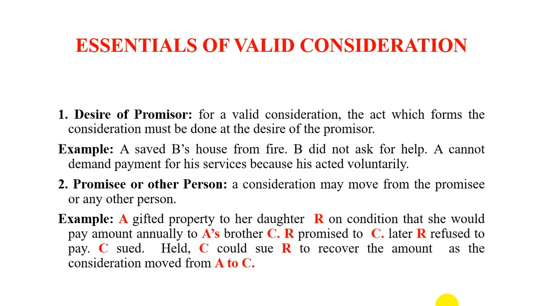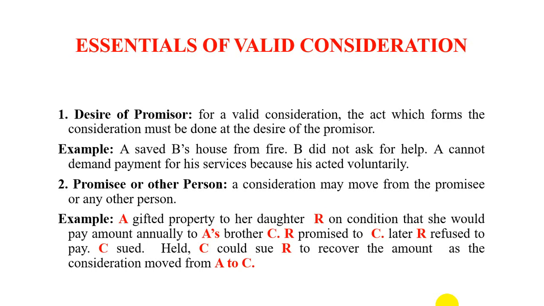Now let's discuss the essentials of a valid consideration. At first, desire of promiser. So the two words that we normally hear while discussing business law, one is the promiser and the other one is the promisee. Promiser means the one who is making the promise, and promisee is the one to whom the promise is made.